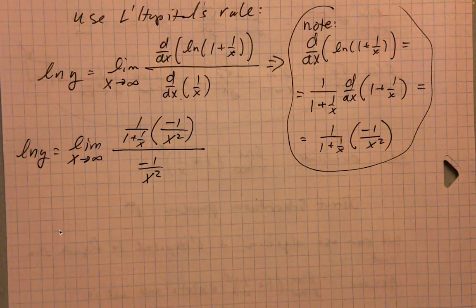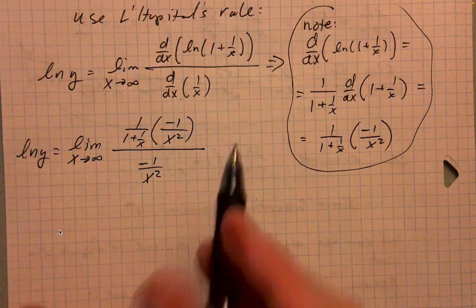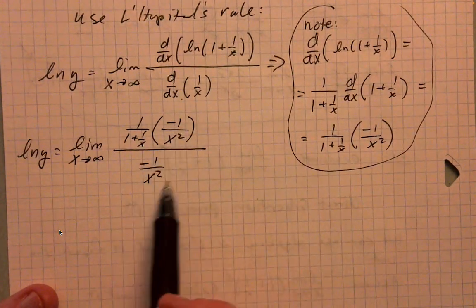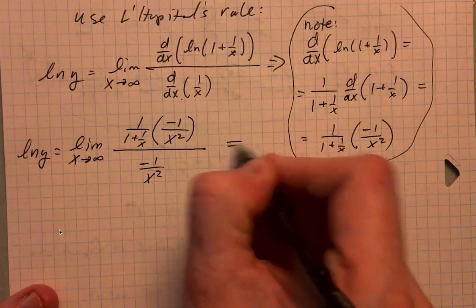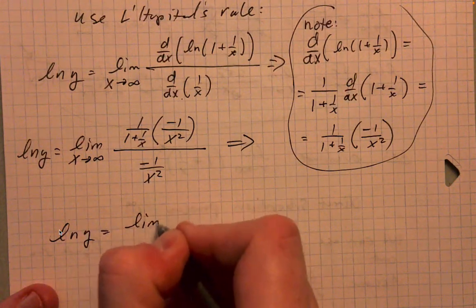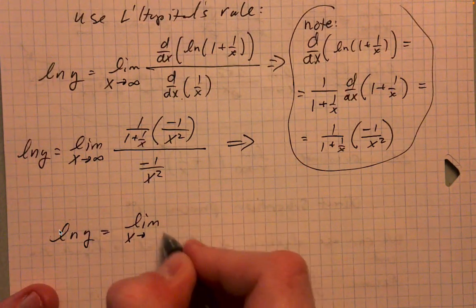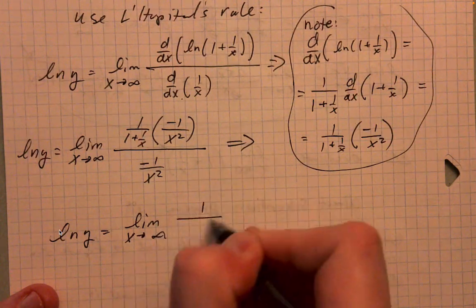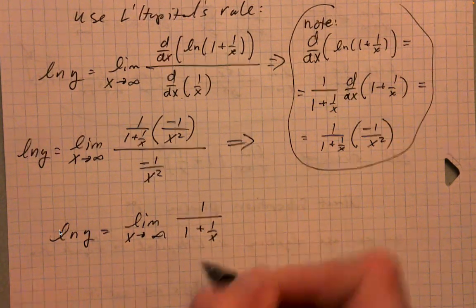Okay, so that's good. We can get a nice cancellation here. So that means the natural log of y is equal to the limit as x approaches infinity of 1 over 1 plus 1 over x.